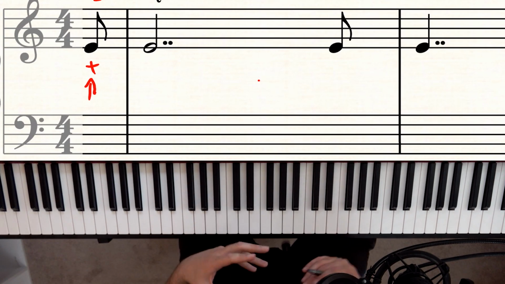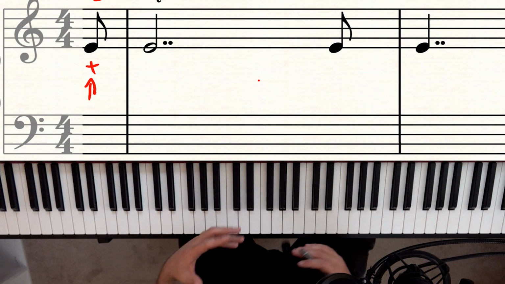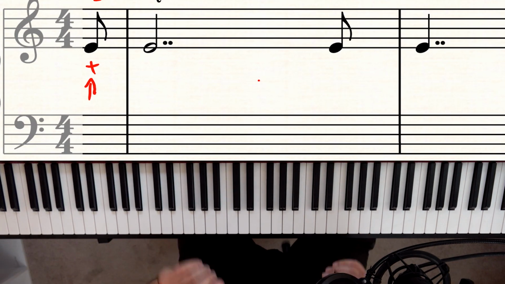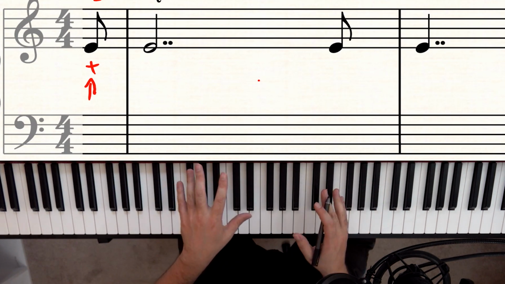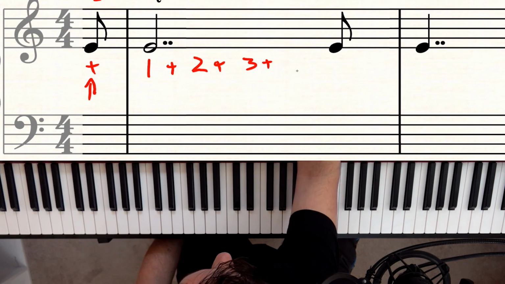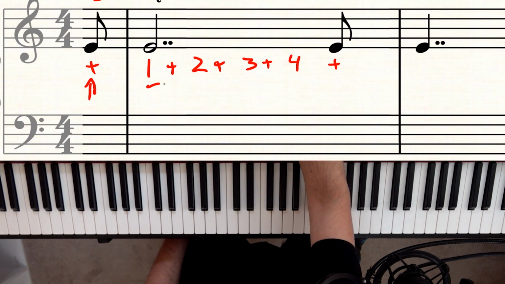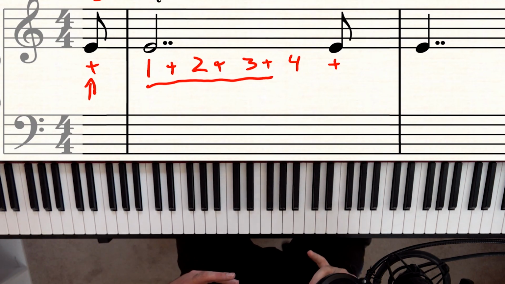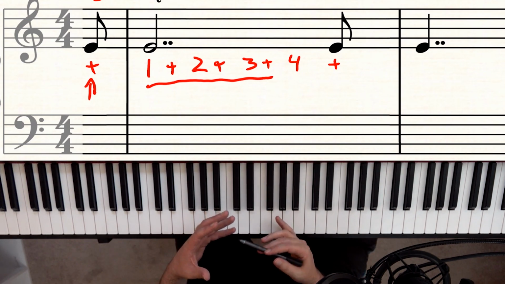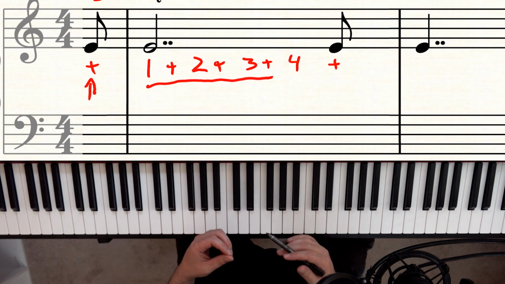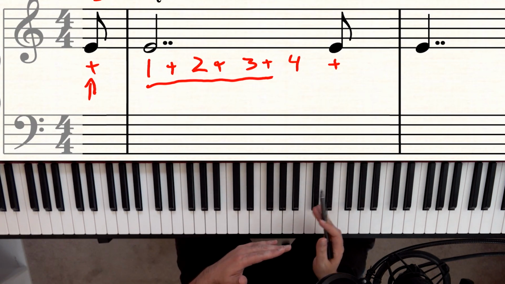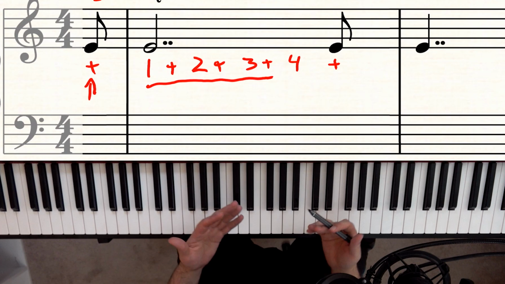Now the question is, how do we incorporate that into maybe our attack point strategy, and what do we do? So let's just chart out this whole measure here. If it's 3.5 beats, we already know it's going to take up the entirety of beats 1, 2, and 3. And it has to take up half of another beat. And we already know, probably from other lessons, that half of a beat is expressed usually as the 8th note, right?